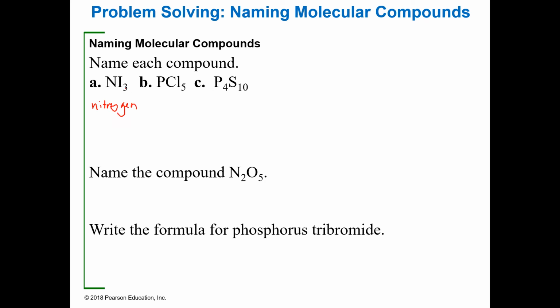And then I have a 3, so that's tri iodide. Okay. This one is going to be phosphorus. 5 is penta, so phosphorus pentachloride.